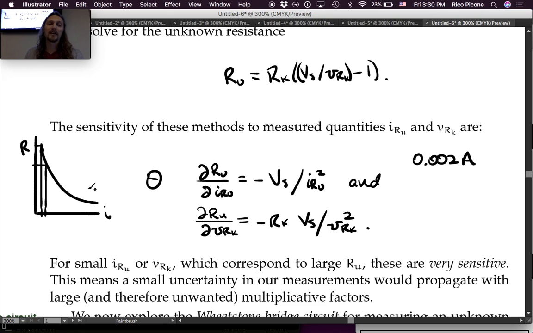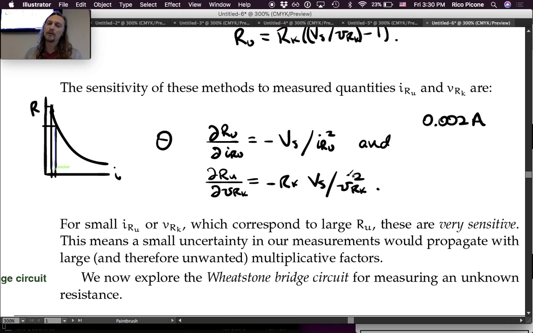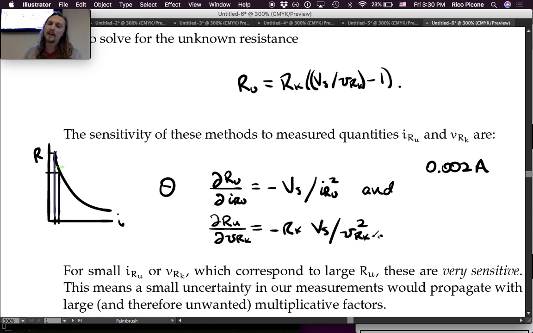So this is really bad for measuring low current, high resistance stuff. It's not great in any case, but it's really bad for that. So we try to avoid using this. And the same exact thing is true for the other case, for the voltage as well.